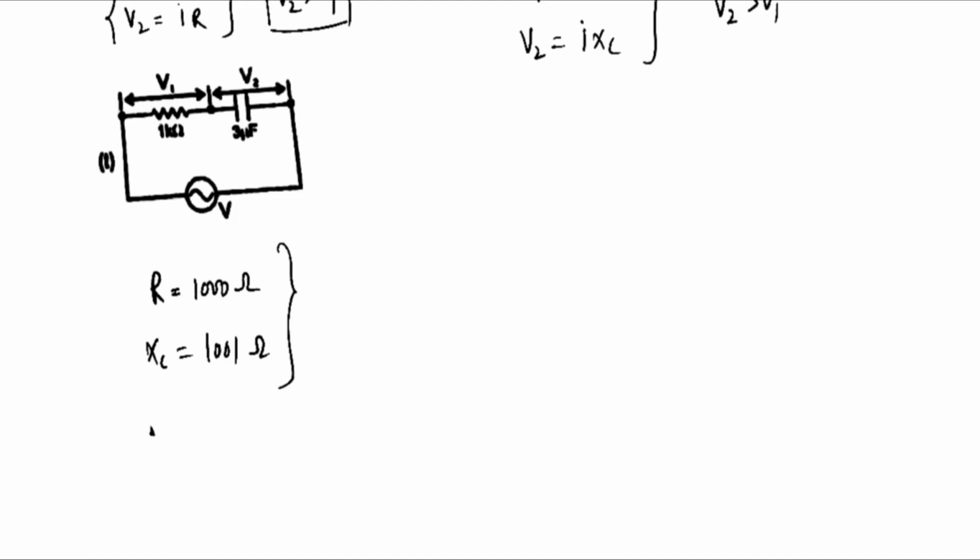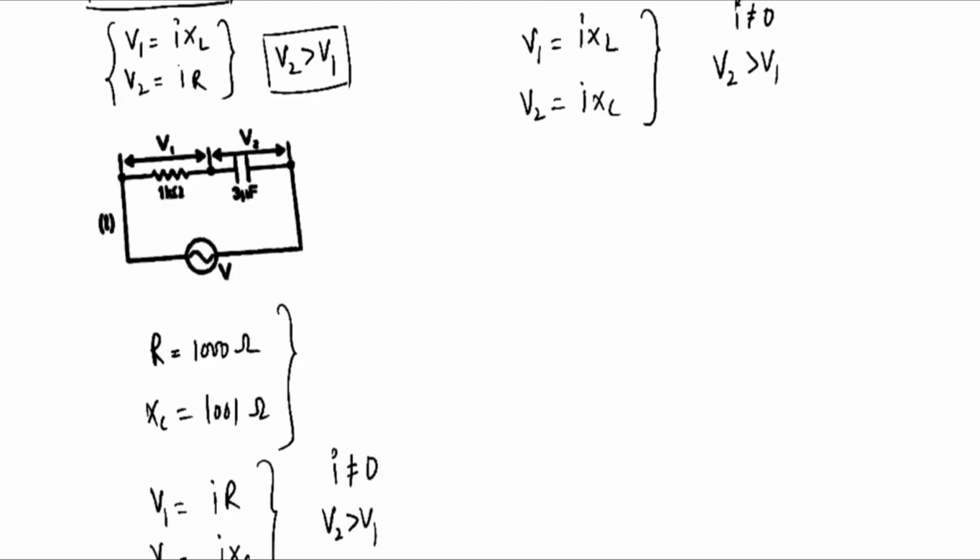So V1 is equal to IR and V2 is equal to I XC. Because XC is slightly greater than the resistance, V2 will be greater than V1. I is not equal to 0 and V1 and V2 are both proportional to current.